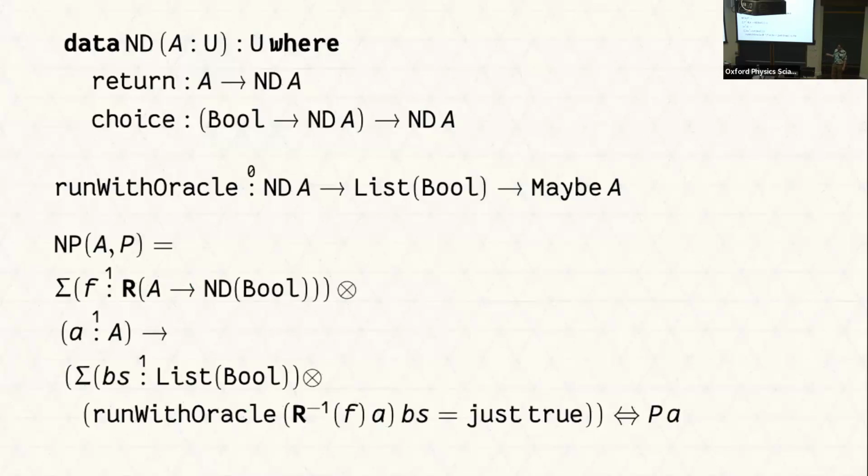So it's in the good set if there exists a witness such that when we run the realizer with the witness, then it returns true. So we can now use this fact that we can express polynomial time to express non-deterministic polynomial time by writing it as something which produces extra data, the extra data of the choice tree.